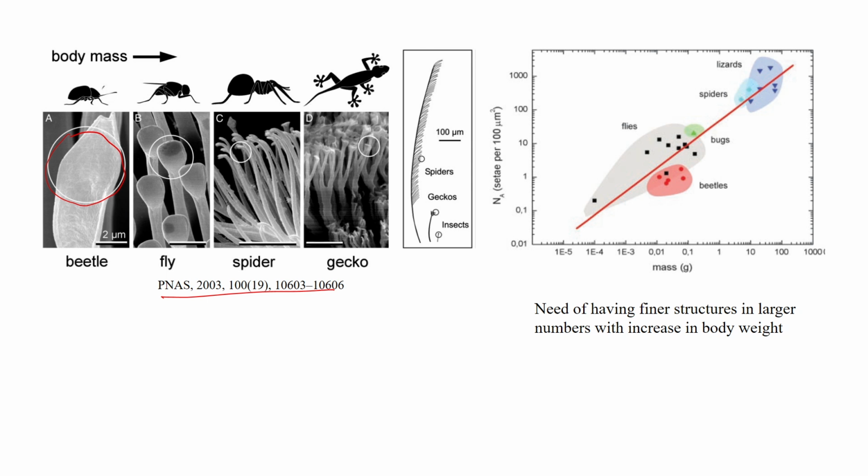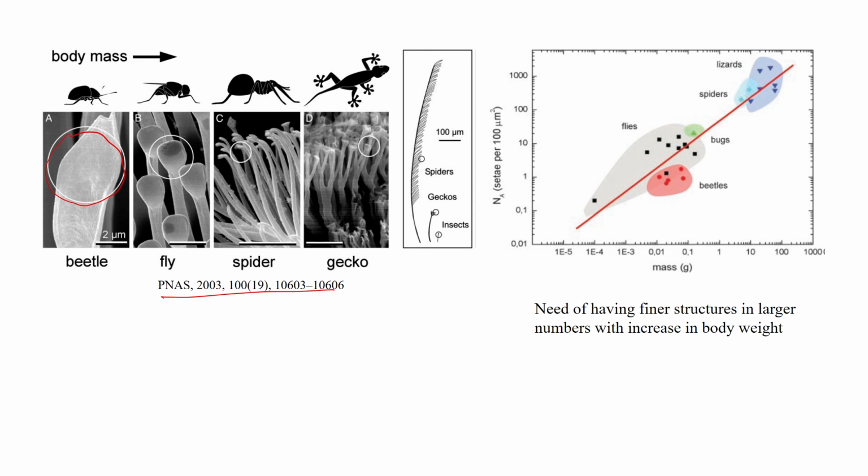Some scale is also there, and here it is written the number of seta, as we call these hairs, per 100 micrometer square, that increases. We can see this is a log plot, and for lizards the number of such pillars per unit area is maximum. So this analysis that we presented so far captures this observation in nature.